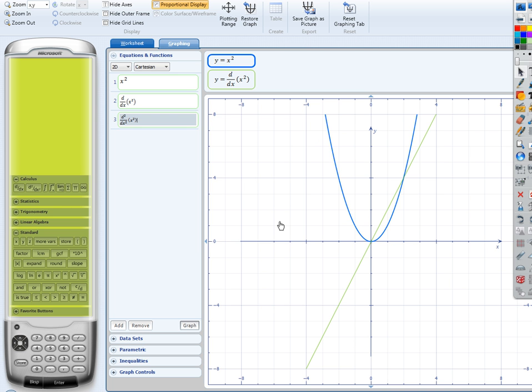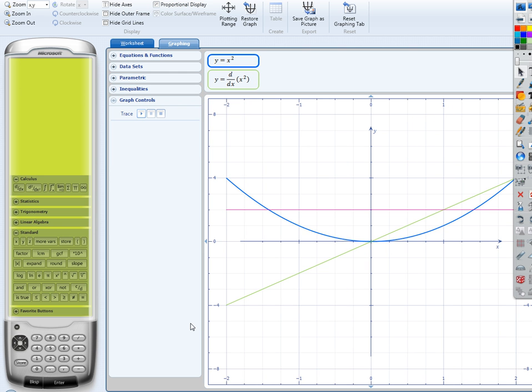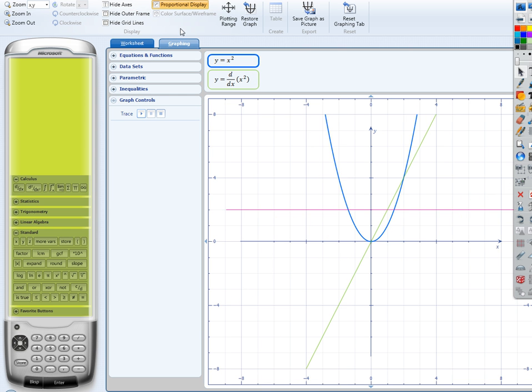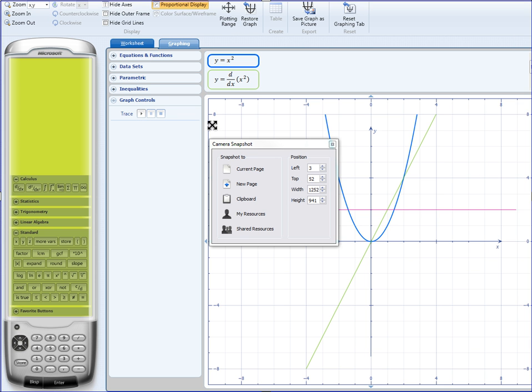Okay, and there it is, right? No big deal. If we do a proportional display, there it is. Go with that. Okay, that's a little easier to see. Let's take a picture of that. And we'll move on.